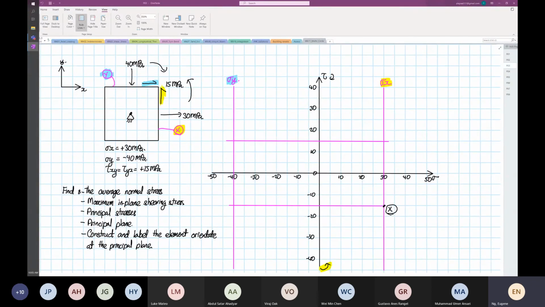So that's the case. Clockwise is also down here now. So over here, this is your point Y, right? So from here, we can draw a straight line.